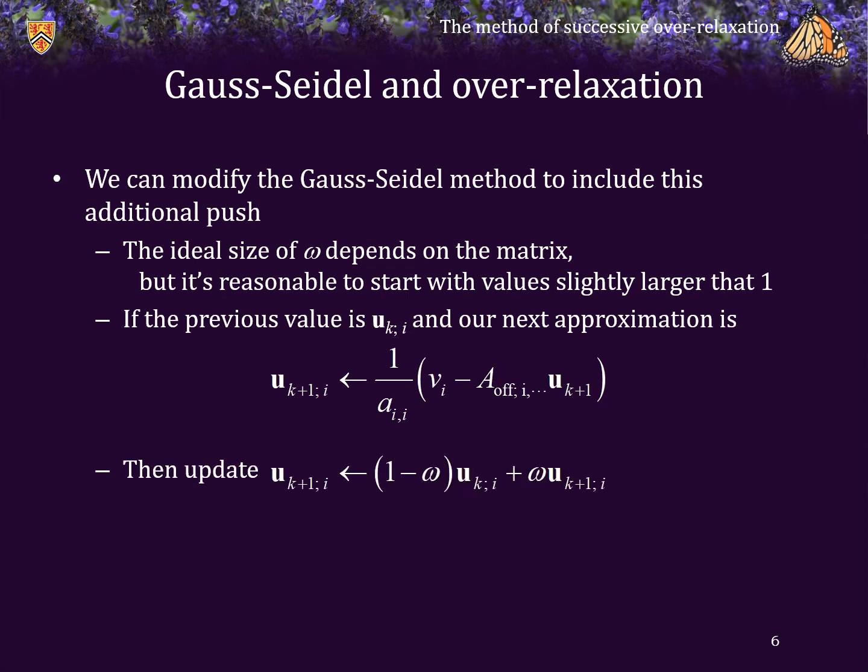We would find that next value, but then update it with this linear combination of the previous value and our next calculated value. Note that 1 minus omega plus omega is equal to 1, so this is in fact a weighted average.